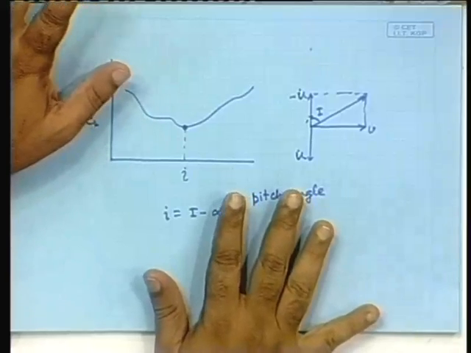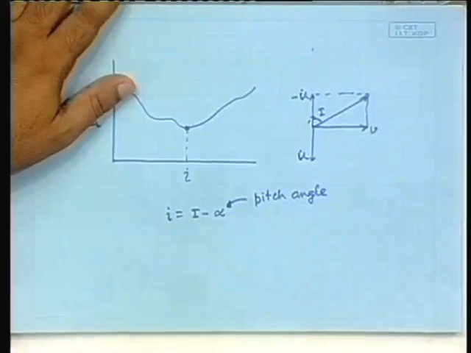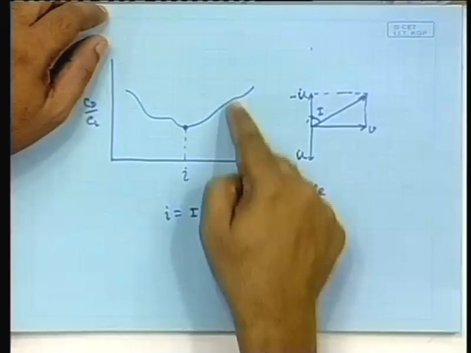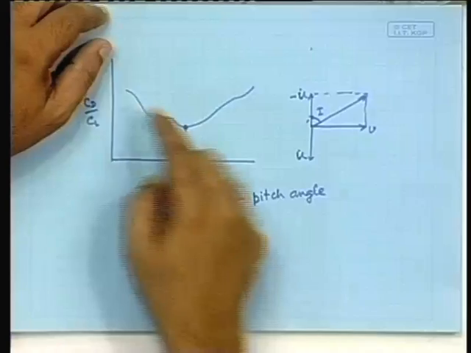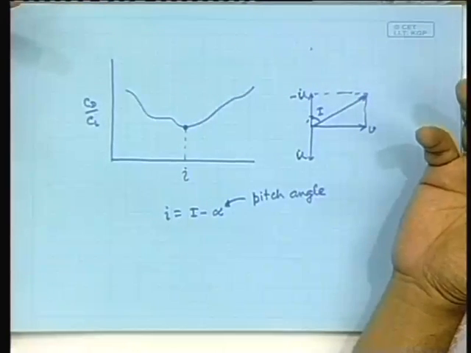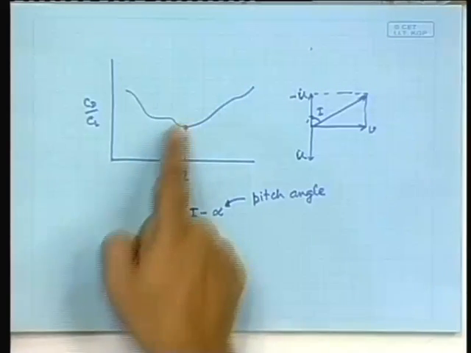If you do not, then in certain parts the blade section will operate suboptimally, somewhere here or here, and depending on that you have to calculate how much power will be produced. But your knowledge should tell you that you want to keep the I constant at the optimal value.